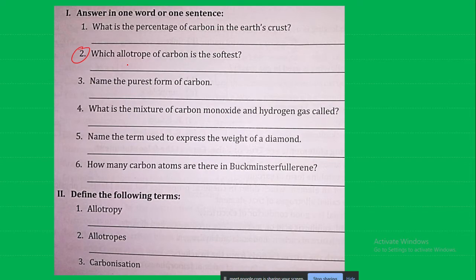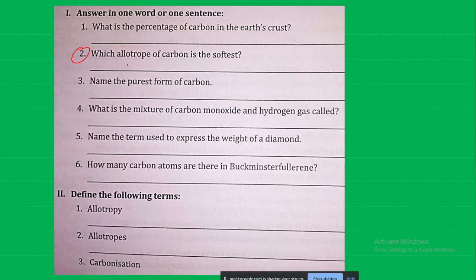What is the mixture of carbon monoxide and hydrogen gas called? Water gas. Name the term used to express the weight of a diamond. Carat. How many carbon atoms are there in Buckminster fullerene? 60. It can change, but 60 is one thing.